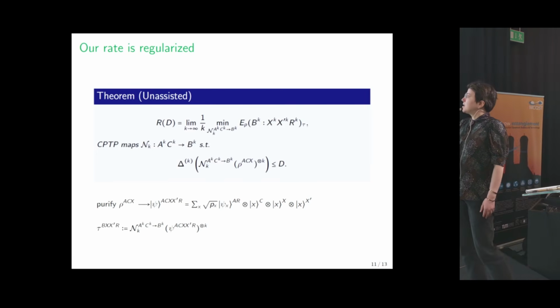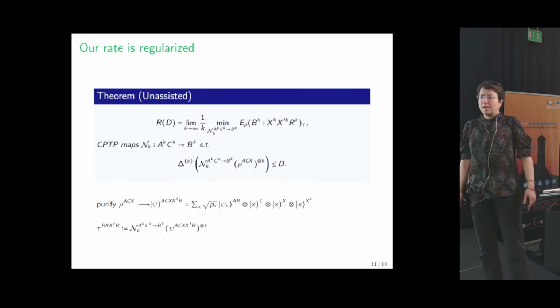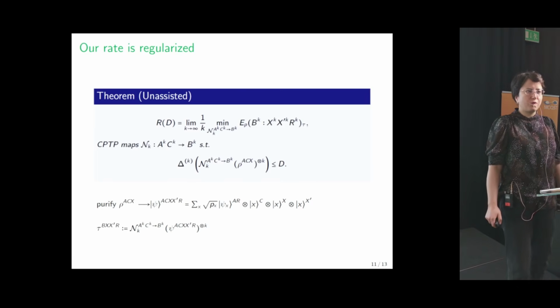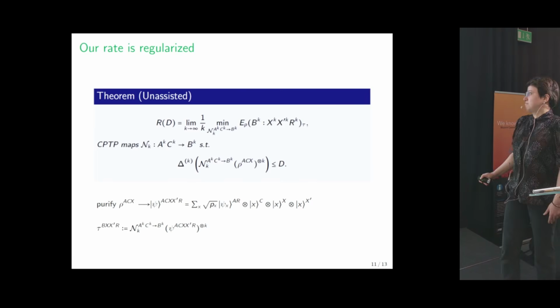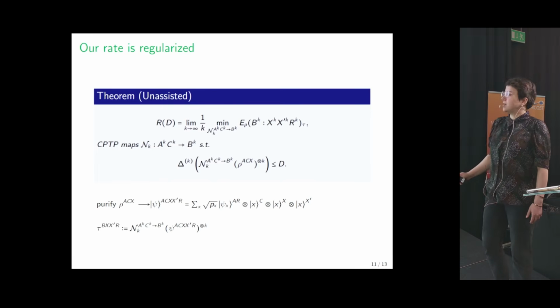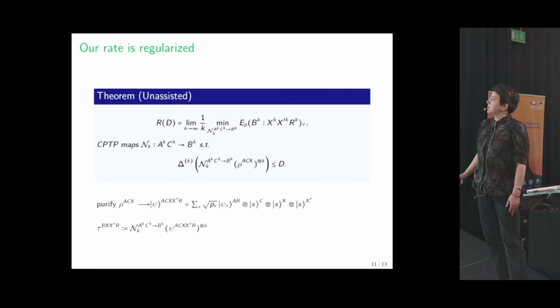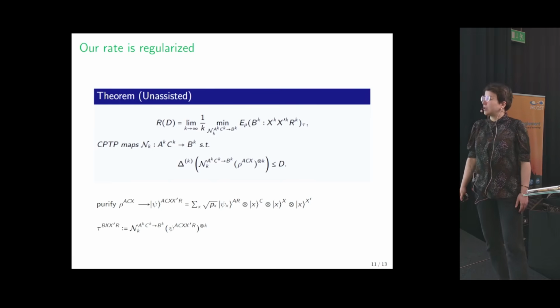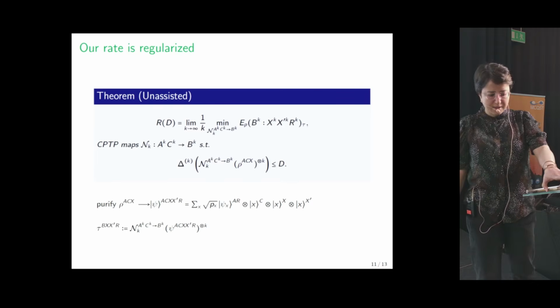So in general, we have found a closed form formula, yes, but it's also kind of useless from a practical perspective, because this is an unbounded optimization, and we don't know how to compute these kinds of functions.